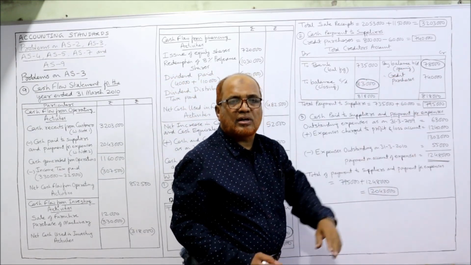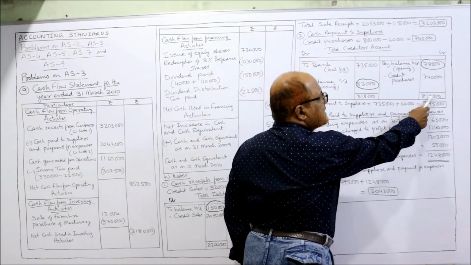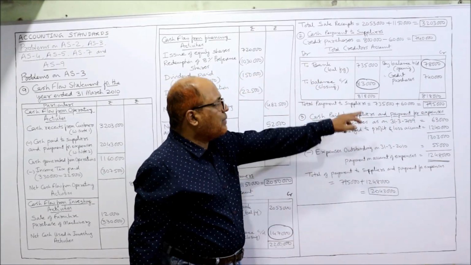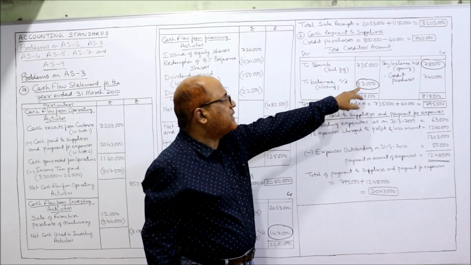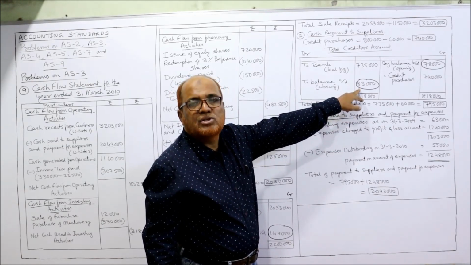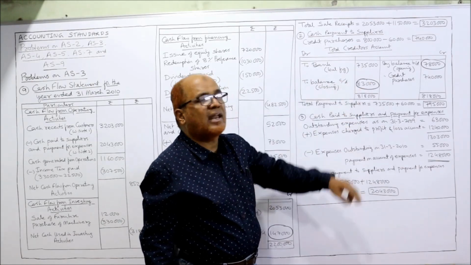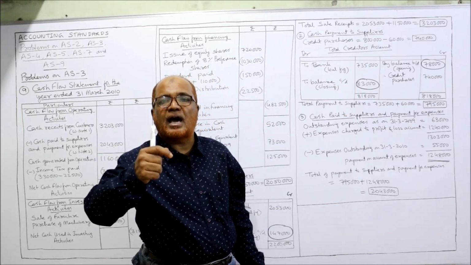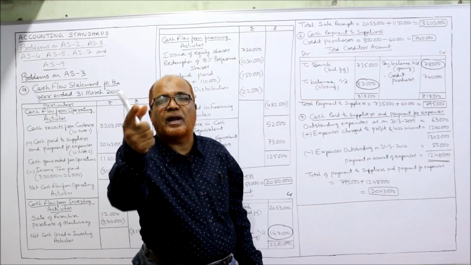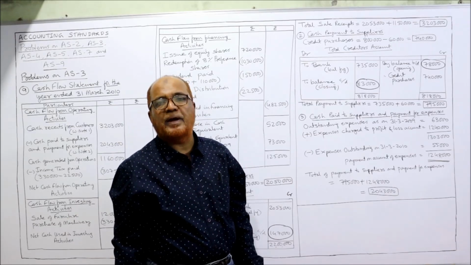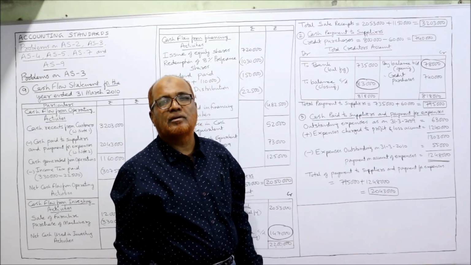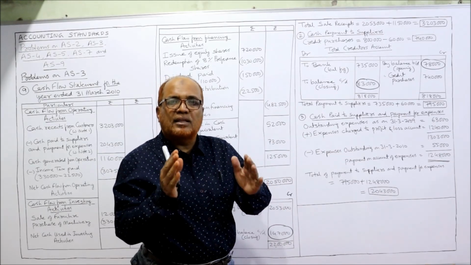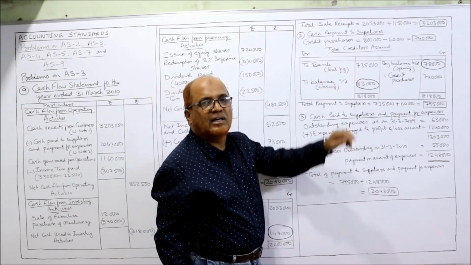Now take the total on the credit side. The credit side total is 8,18,000. From 8,18,000 subtract 83,000. So the balancing figure is 7,35,000. This 7,35,000 is the cash paid to suppliers, or cash paid to creditors. So during the year, the cash paid to creditors is 7,35,000.